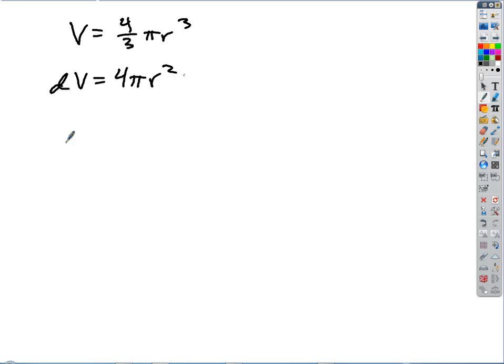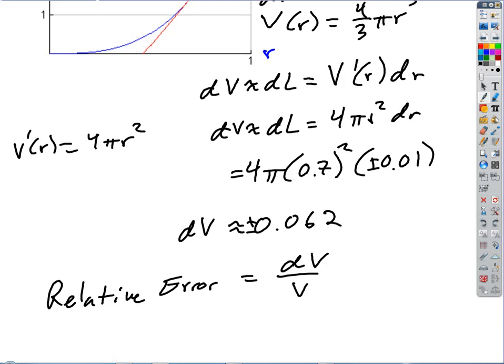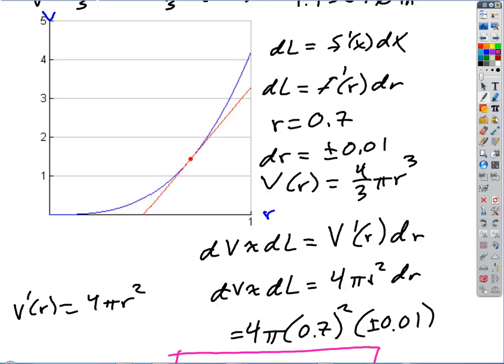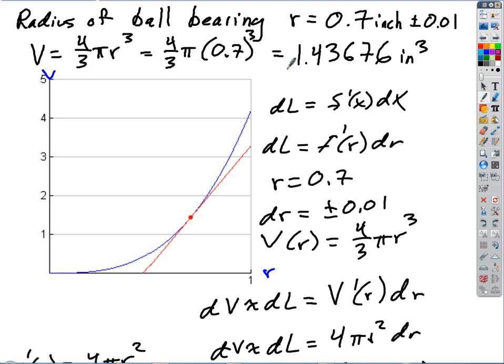If we wanted to calculate the relative error, dV over V, sure, we could go through the hassle of calculating dV like we did, right? We went through the whole process here of finding out what the propagated error in volume was, and then just dividing that amount by volume, which we initially calculated, right?